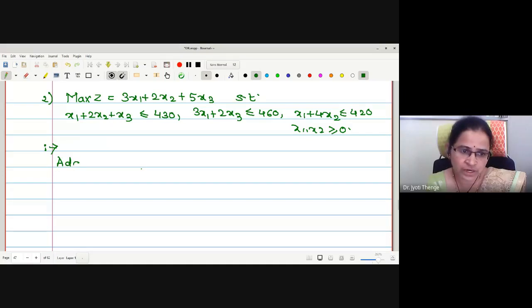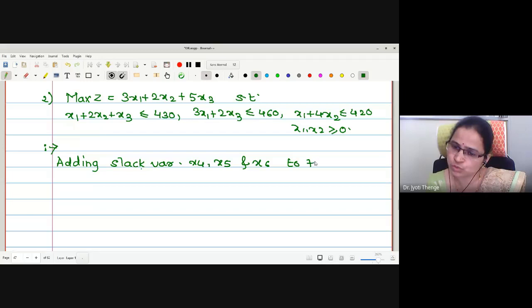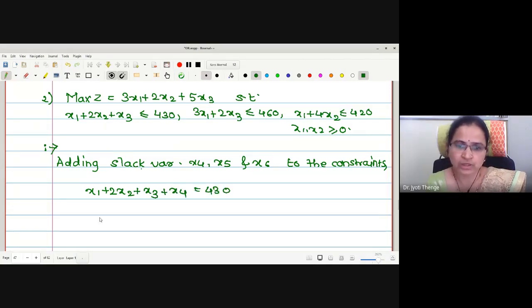Here I will write: adding slack variables x4, x5 and x6 to the constraints. What is the first constraint? x1 plus 2x2 plus x3 plus x4 is equal to 430.